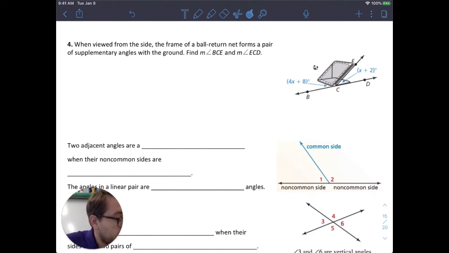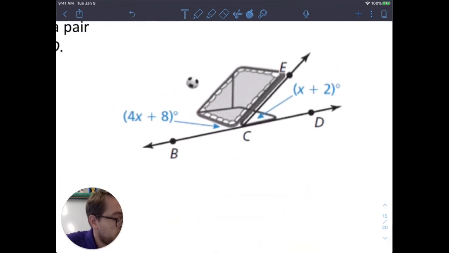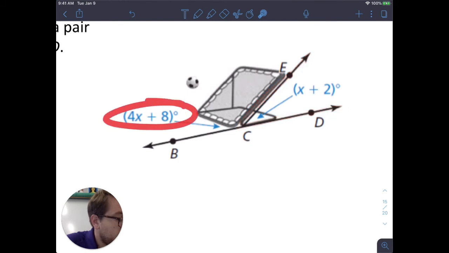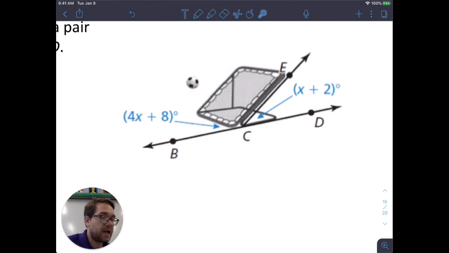Okay? So if I zoom in a little bit here, you can see the picture a little bit better. So we've got this angle here, BCE, and this angle here, ECD. And we're told their measurements as expressions, and we want to use the fact that they're supplementary angles in order to figure out what is the actual measurement of each of these angles.